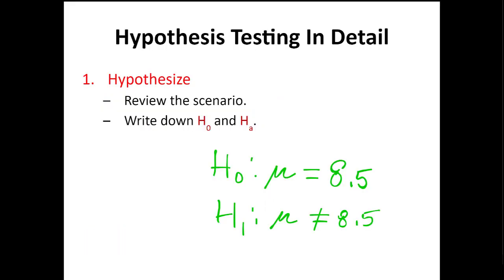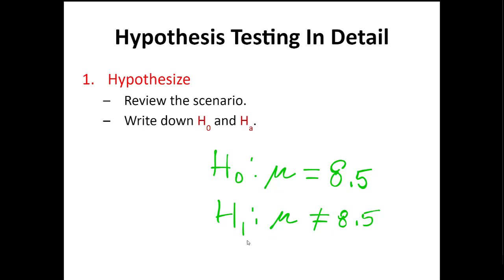So in writing the null, we needed to make sure that we wrote the null according to the population. Since we were dealing with means, we were going to use the mu notation, and we were going to use the population mean in the null. So since the population mean was a ratio of 8.5, that's what we're going to use here.